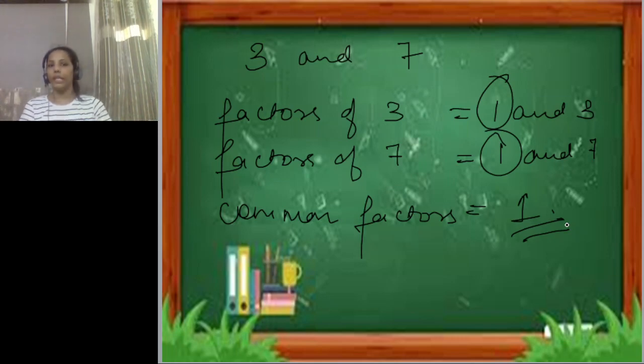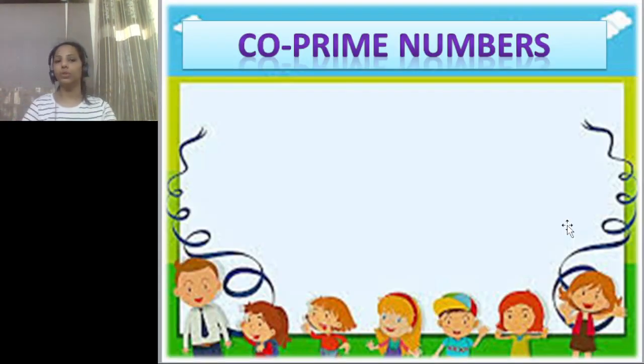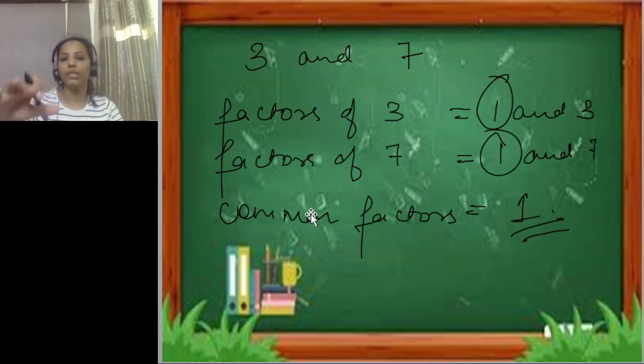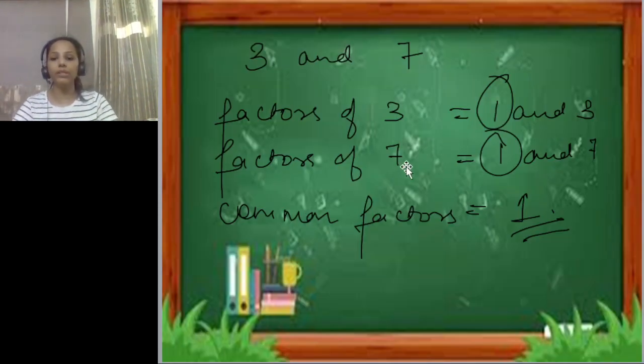So if any two or three numbers have only 1 as the common factor, then we say those numbers are co-prime numbers. Can we say in our previous example that 3 and 7 are co-prime numbers?